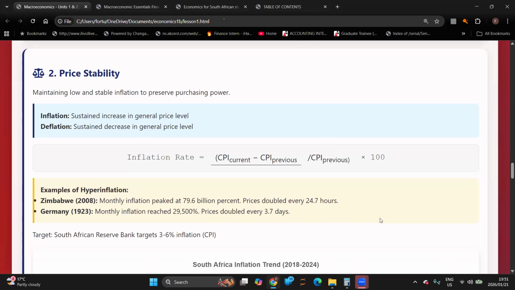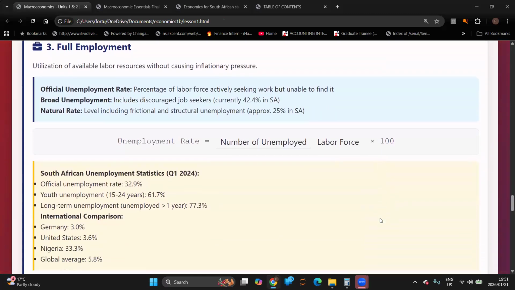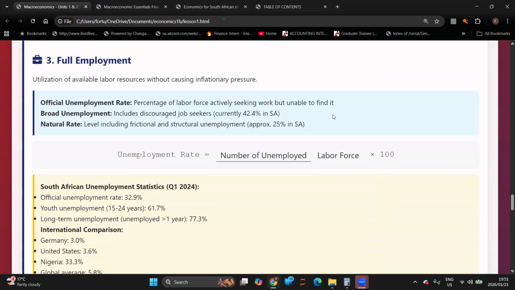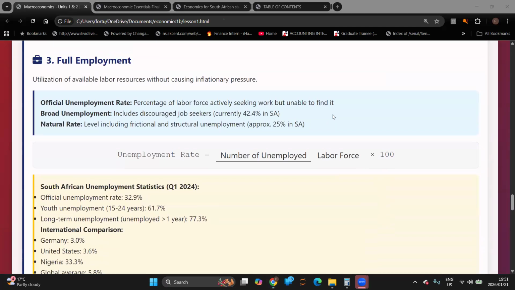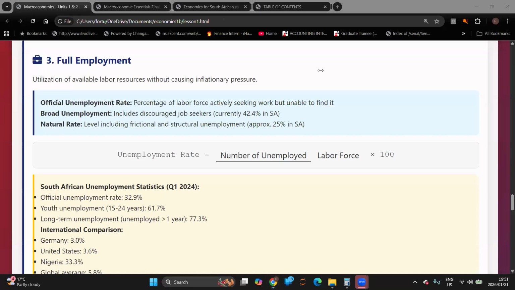All right. So let's move on to the third element, which is full employment. So full employment tries to follow the use of the natural resources or the factors of production.